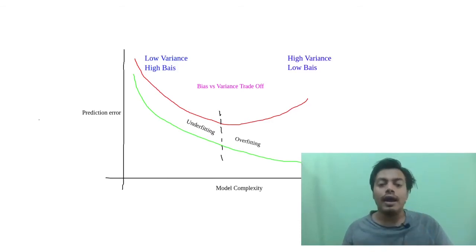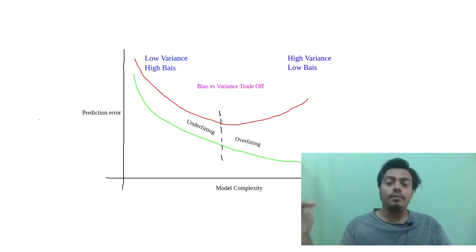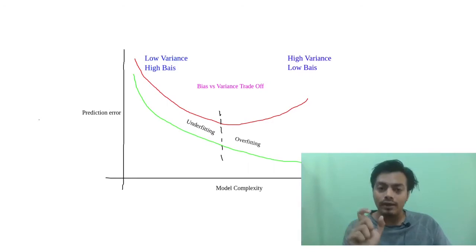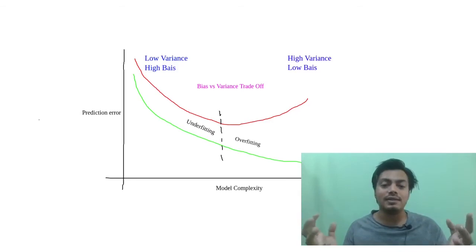After a certain threshold, the prediction error went up. That point is where, as per the data, your model has the best parameters, and where we have to deal with bias and variance. That point is called the trade-off point between bias and variance.